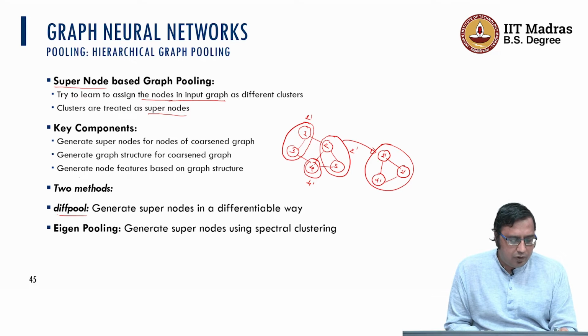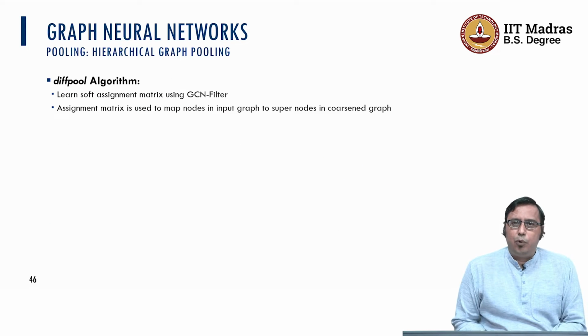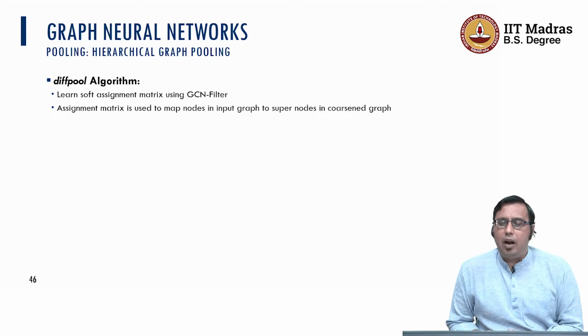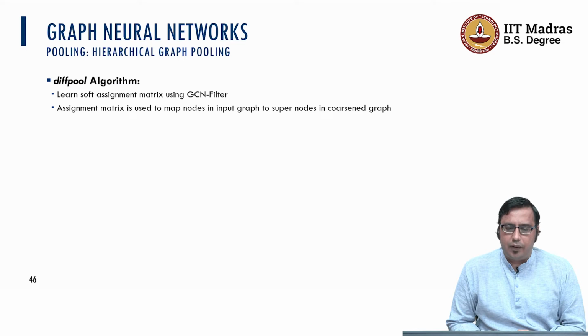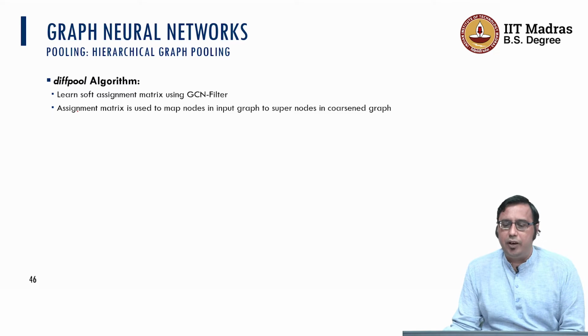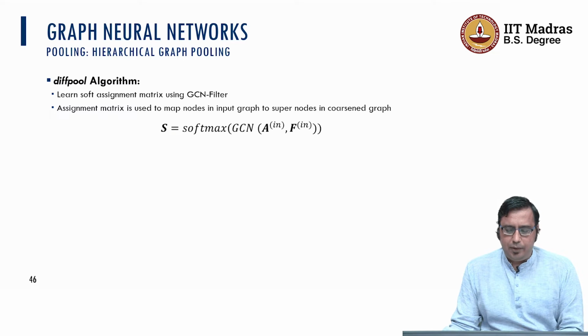Let's look at the DiffPool approach for generating supernodes. In the DiffPool algorithm, we try to learn a soft assignment matrix using a graph convolutional neural network filter. Here, the assignment matrix is then used to map the nodes in the input graph to supernodes in a coarsened graph. So let's look at the assignment matrix generation.